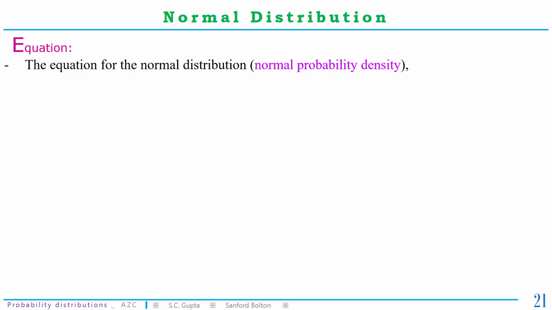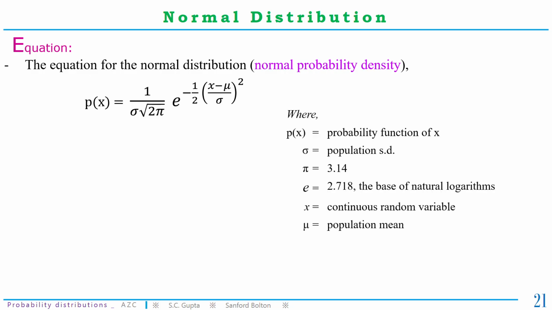The equation for the normal distribution, that is, the normal probability density function, is given below, where P(x) is the probability function of x, sigma is the population standard deviation, pi value is 3.14, e is 2.718, the base of natural logarithms, x is the continuous random variable, mu is the population mean.